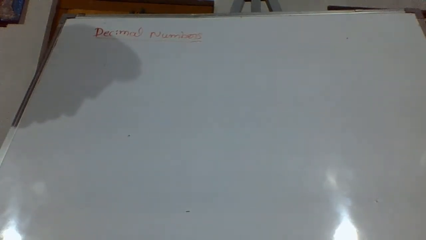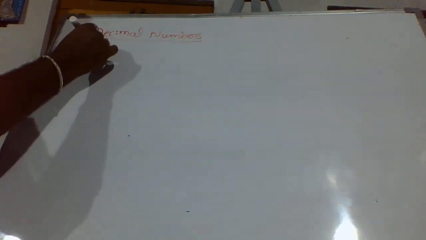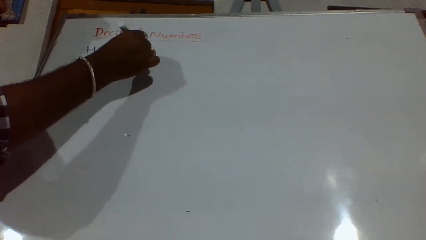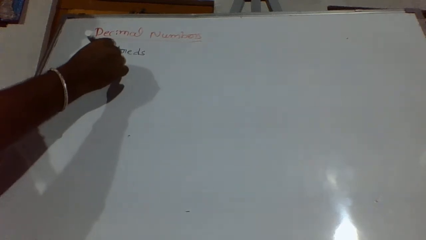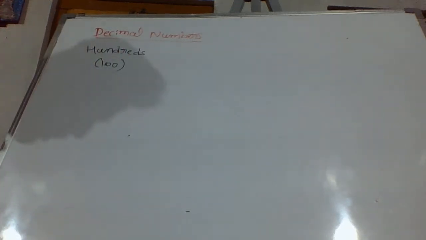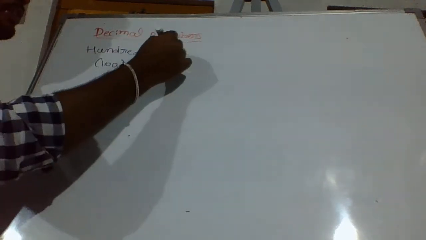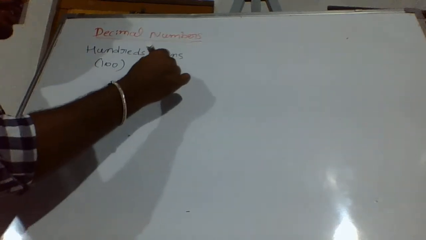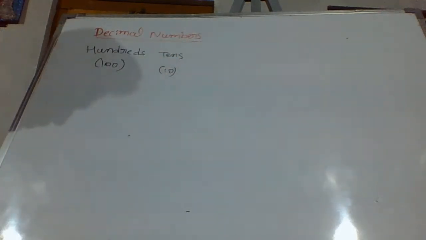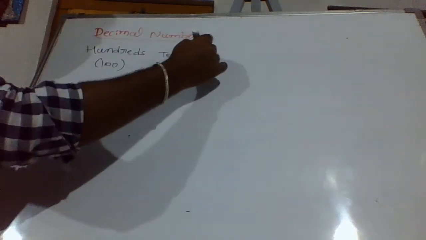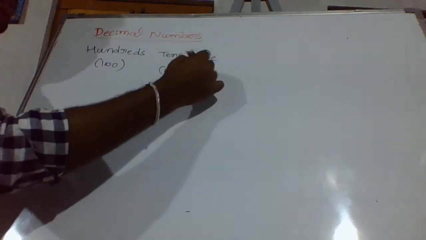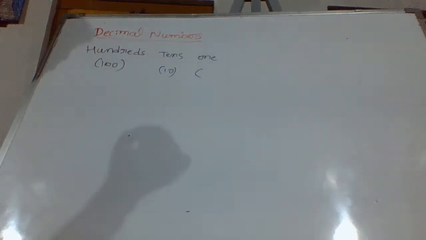In the decimal number they have given places like hundreds. In the first column they have given the hundreds value, next the tens value, after that the values of the ones or units place.